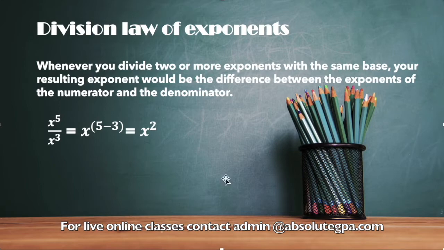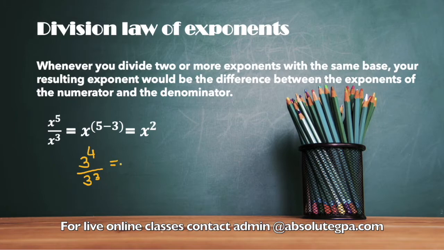Let's look at another example. Say 3 to the power 4 divided by 3 to the power 3. So if we apply this law, we get 3 to the power 4 minus 3, which is equal to 3 to the power 1. Now what is 3 to the power 1? Let's just expand this and see.